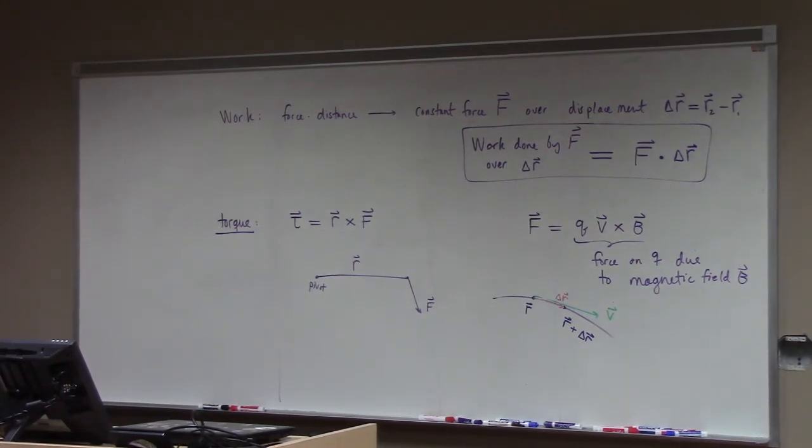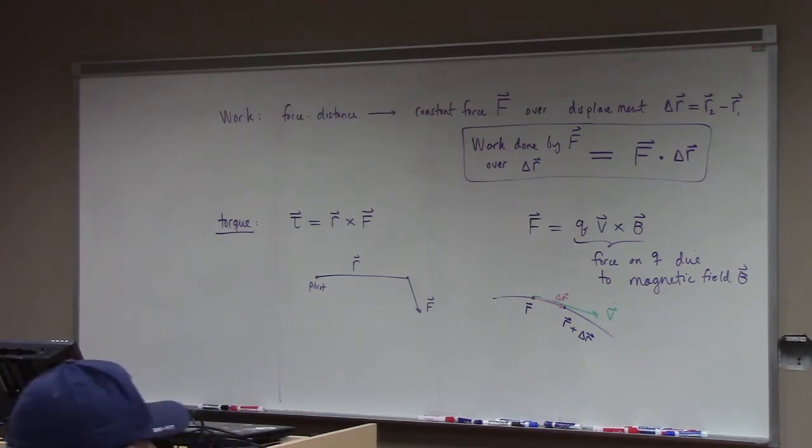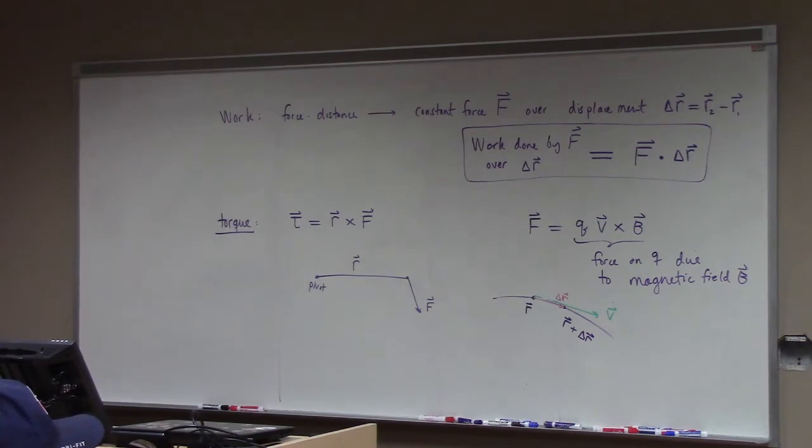A cross B cross C doesn't make sense without parentheses. So if you put in parentheses like this, you get A dot C times B minus A dot B.